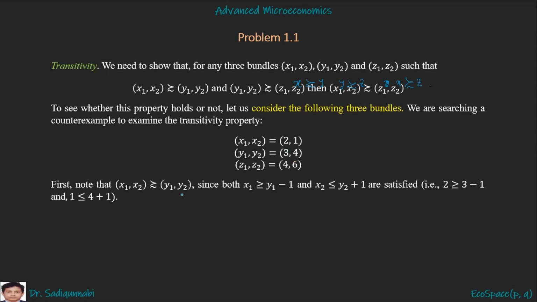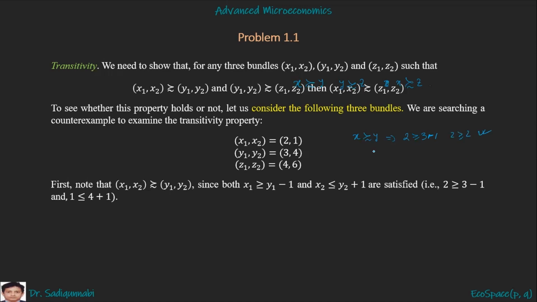So let's take one by one. Take the example of x versus y. For the first condition, x1 should be greater than or equal to y1 minus 1. So 2 should be greater than or equal to 3 minus 1. That means 2 should be greater than or equal to 2.